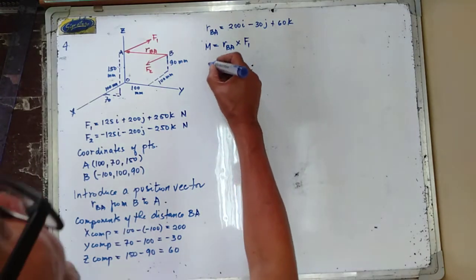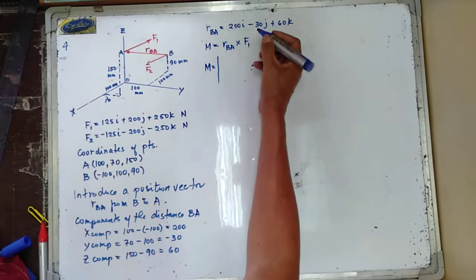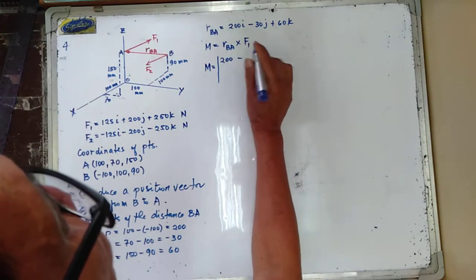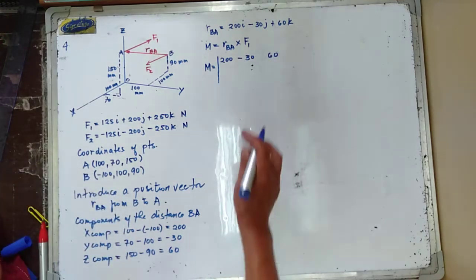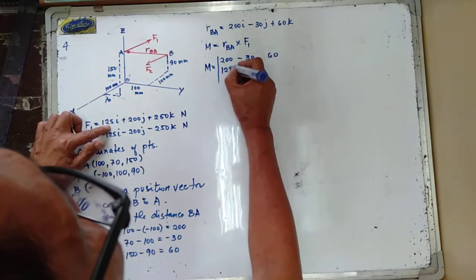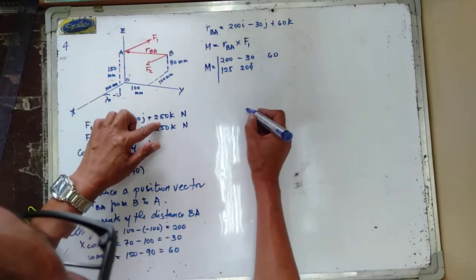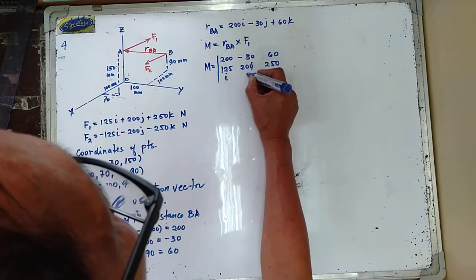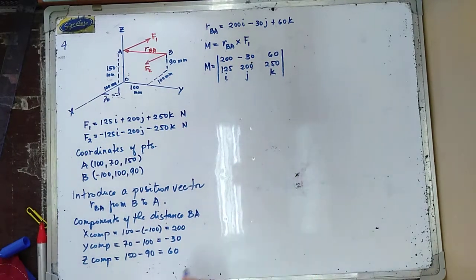So your moment is therefore equal to RBA, that is 200, minus 30, and 60. Your F1, the x component is 125, the y component is 200, and the z component is 250. That is your i, j, and k.